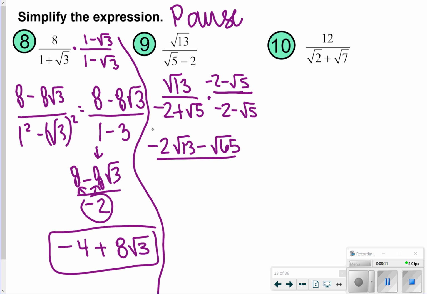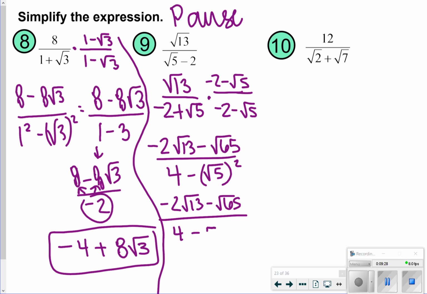And then on the bottom, negative 2 times negative 2 is 4, and then minus the square root of 5 squared. Okay, that's going to give me, still on the top, negative 2 times the square root of 13 minus the square root of 65 over 4 minus 5, which would give me negative 2 square root of 13 minus the square root of 65 over negative 1, which is essentially just going to change everything now to its opposite.